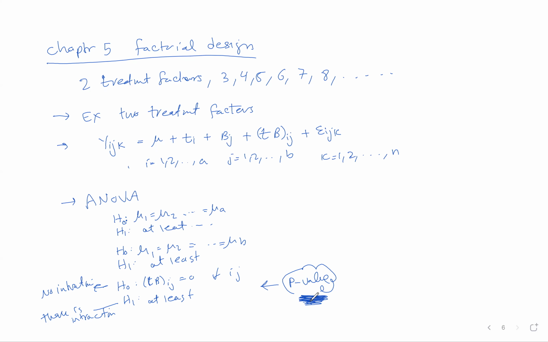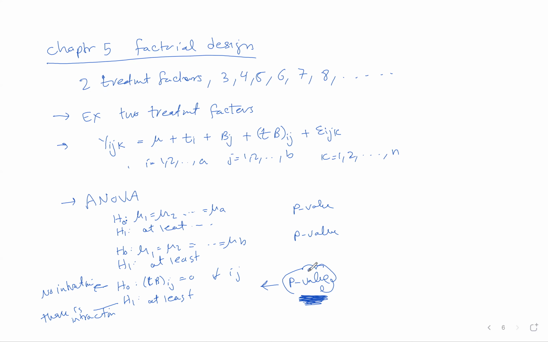So again, the first p-value you should look at is the p-value of the interaction. If this p-value is greater than the significance level, you fail to reject H0, it means there is no interaction. It means the first treatment factor and the second treatment factor are independent. Independent means you can test each one separately. You can look at this p-value to test the first treatment factor, and this one to test the second treatment factor.